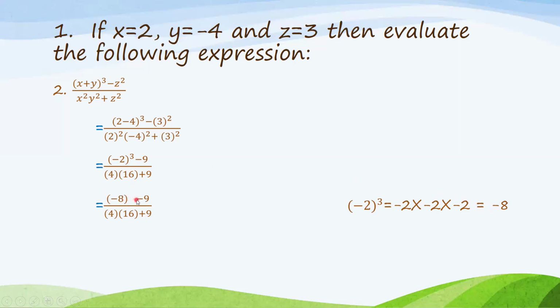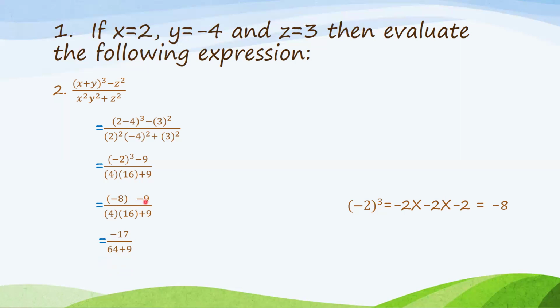So after finding all the squares and cube, we get minus 8, minus 9. Students, what about minus 8 and minus 9? Same signs are there. We have to add the numbers, 8 plus 9. 8 plus 9 gives you 17, and the sign will be negative.